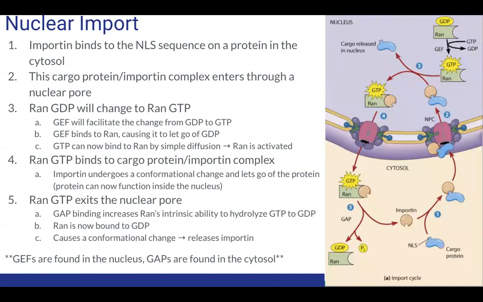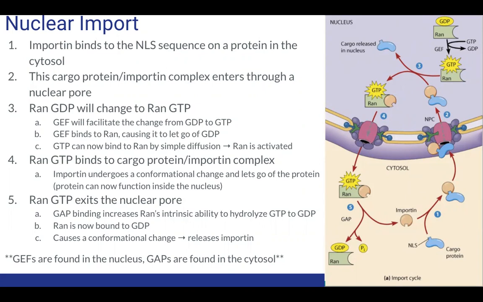And now nuclear import. There are a lot of steps to this, but I believe you'll get the diagram for the exam. So we'll just run through it real quick. Starting at number 1 at the bottom right corner, importin and its cargo protein come together and bind and enter the nucleus through a nuclear pore.